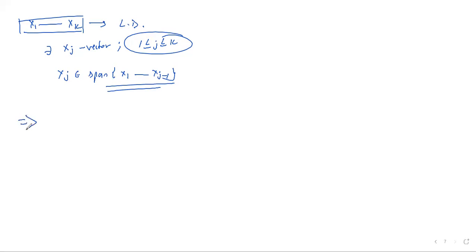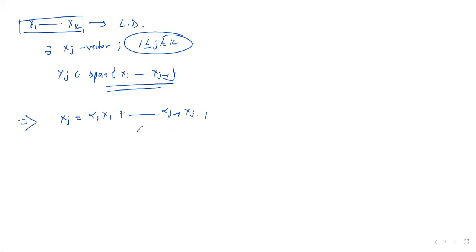Let's first consider that xj belongs to this span. Then xj can be represented as the linear combination alpha 1 x1 plus ... plus alpha j minus 1 xj minus 1.